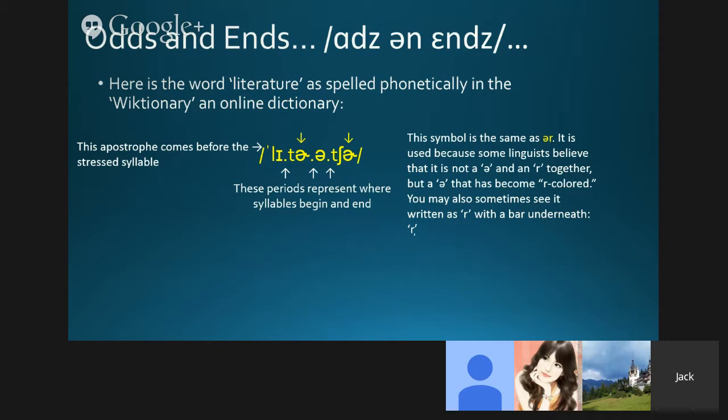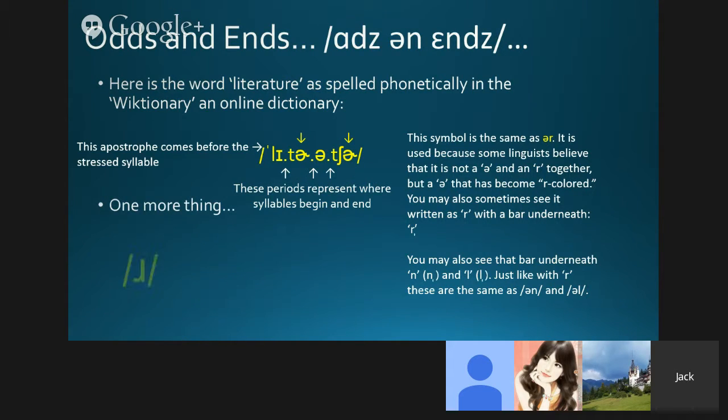If you see that, that's the same thing as a schwa and an R. You can also see that sometimes written like that with N's and L's. They're just a schwa and an N or a schwa and an L.